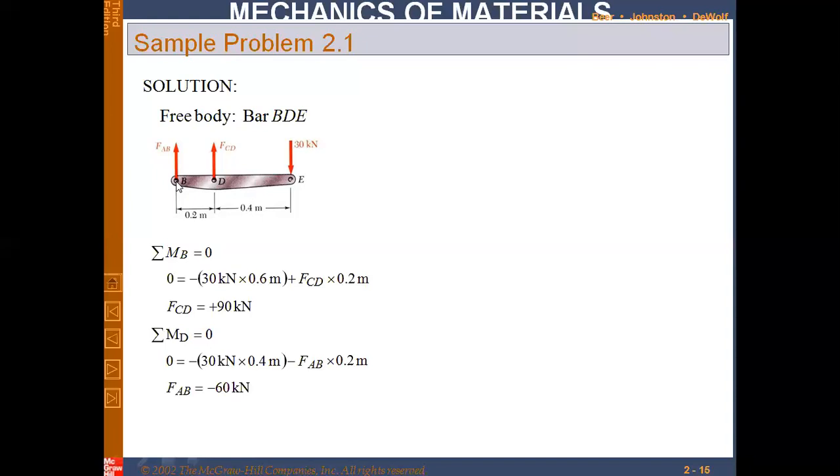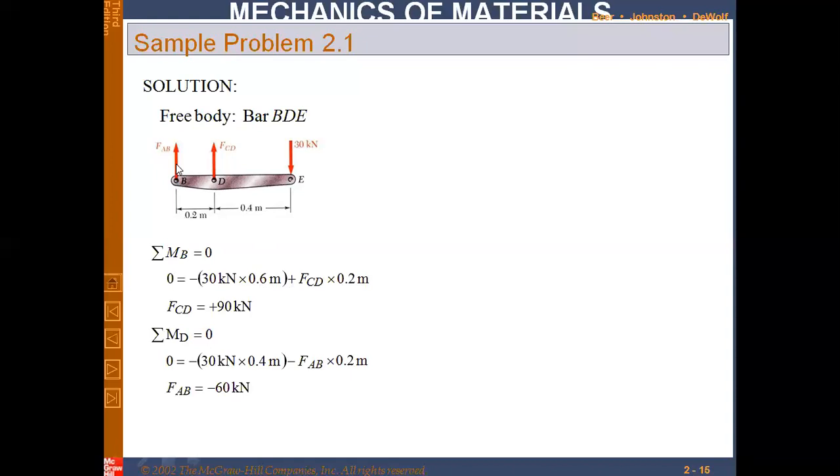So taking moment at this point, this load would produce a clockwise moment, so I'm taking minus 30 kilonewton into the perpendicular distance, and the perpendicular distance is 0.4 plus 0.2, which is 0.6 meters. This is the moment which this force is producing about point B. Similarly, the moment produced by this force is counterclockwise, making it positive: FCD into perpendicular distance 0.2 meters.